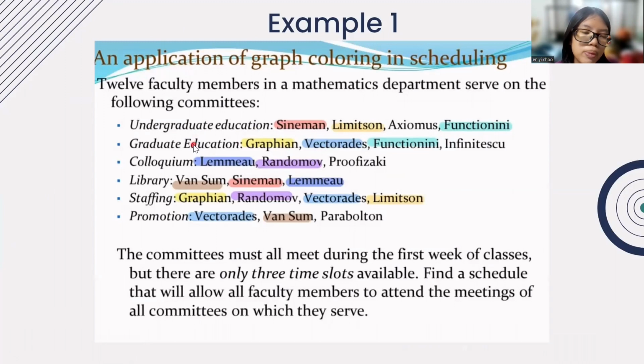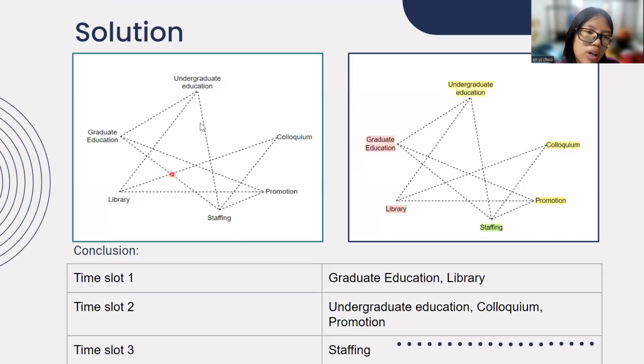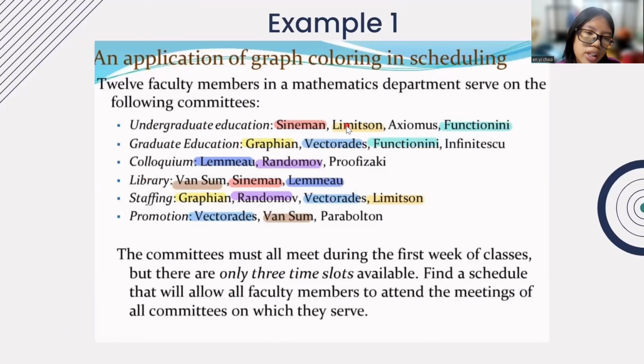The vertices are represented by the sections, and the edges are represented by the similarities between them, which are the same committee members. For example, undergraduate education has the same committee members as library, so I've connected undergraduate education with library. Then undergraduate education also has the same committee member as staffing.